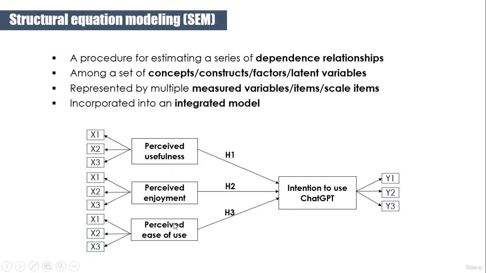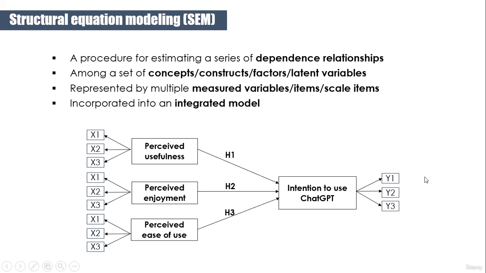These constructs or latent variables are represented by multiple measured variables, items, or scale items. These are the specific questions that we will ask people. Say for example, y1, y2, y3, three questions related to estimating the customer intention: I intend to use ChatGPT, I will use ChatGPT in the future, I will recommend ChatGPT to others.